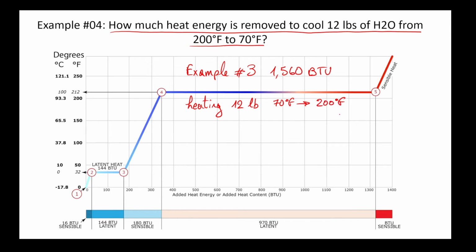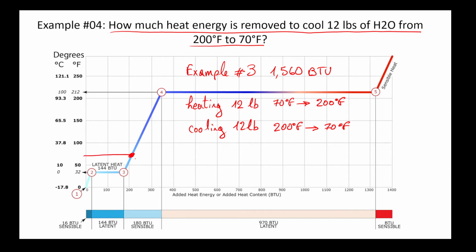Now, this is asking the opposite. It's asking about cooling 12 pounds of water from 200 degrees Fahrenheit to 70 degrees Fahrenheit. The matter of fact is, it doesn't matter in which direction you go.